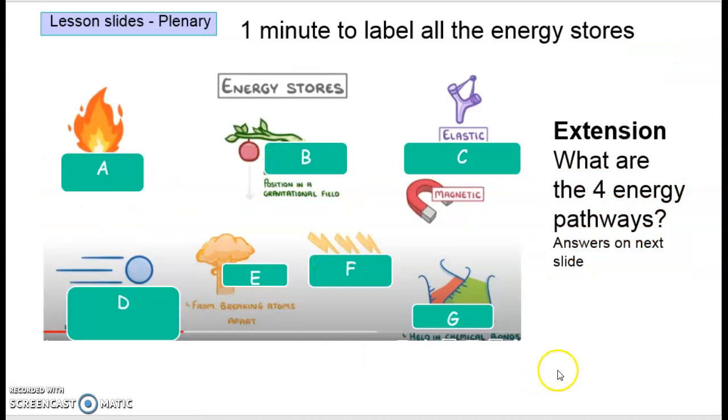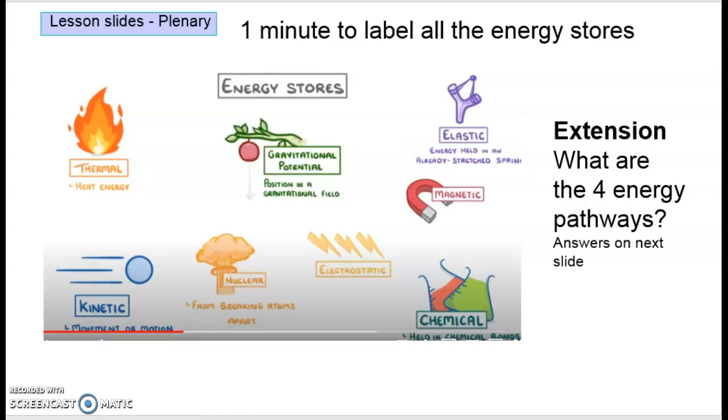Okay, so here is looking at different energy stores just to remind ourselves, can we identify them? And then for an extension, what are the 4 energy pathways? Okay, so here we're talking about the energy stores, and then what are the energy pathways? Pause the video, have a go at this one. Okay, so just simple identification then.